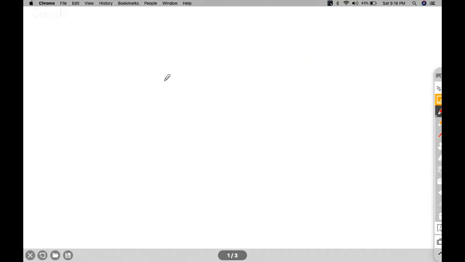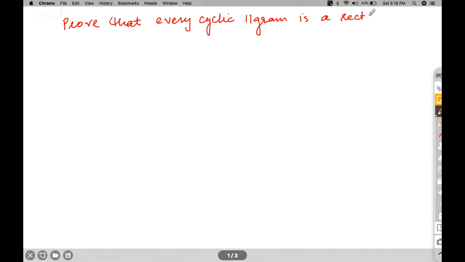So the first question which I'm giving you is, prove that every cyclic parallelogram is a rectangle. Solve it and let me know once you are done.